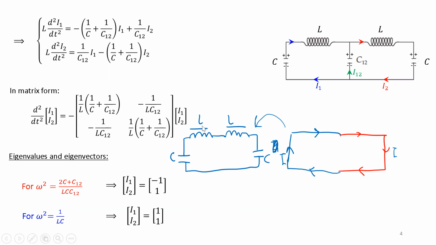If I have 2 inductors in series, you know that it is equivalently an inductor with double the inductance. And if I have these 2 capacitors in series, it's like having 1 capacitor with half of the capacitance.